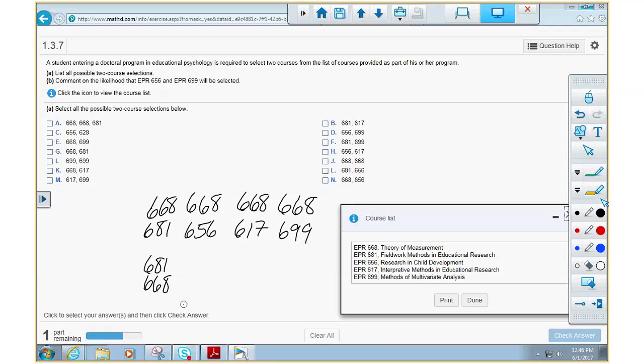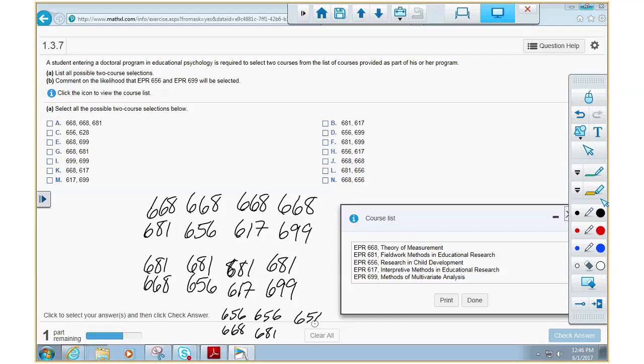681, 656. 681, 617. 681, 699. Then 656, 668. 656, 681, 656, 617, 656, 699, and so on.